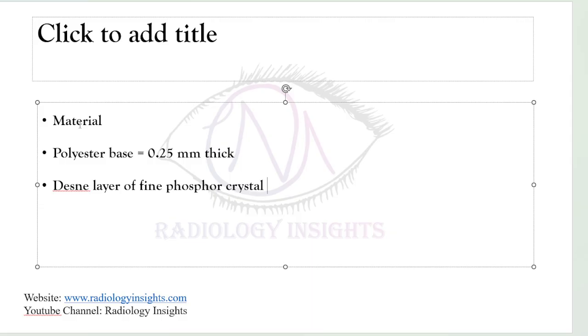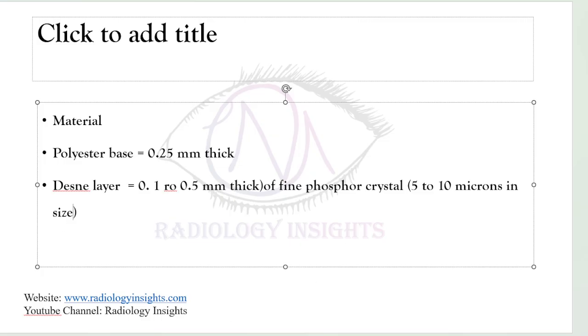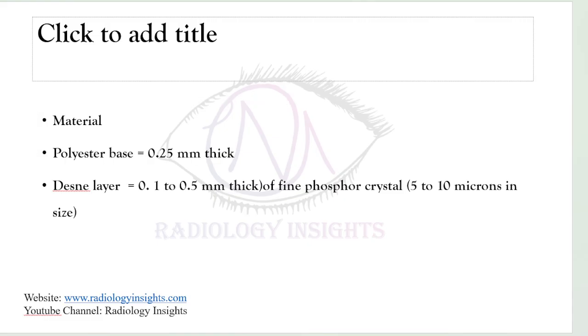This dense layer is around 0.1 to 0.5 mm thick, and the phosphor crystals are 3 to 10 microns in size.